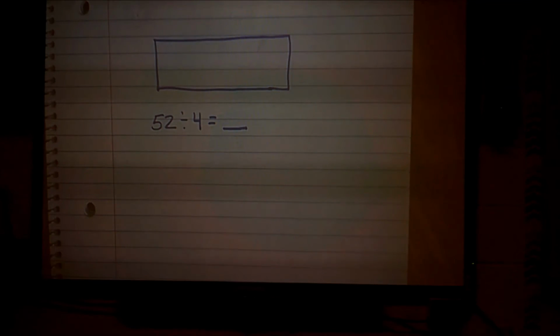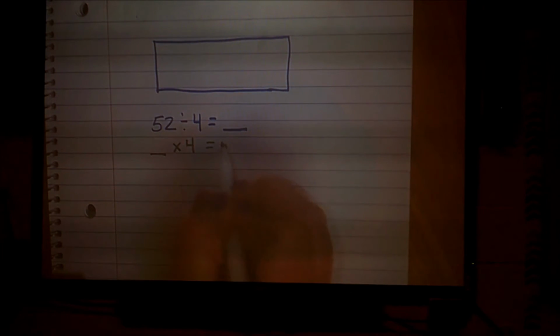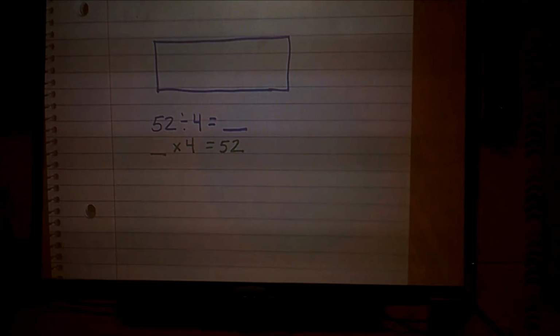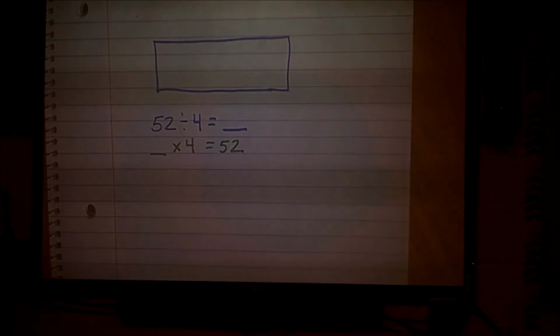That's what I want to solve. Now correct me if I'm wrong, I can relate this to multiplication by flipping it like a pancake. Some number times 4 equals 52. Hopefully we can agree that that will both give us the same answer, that these lines are both going to be the same exact number.